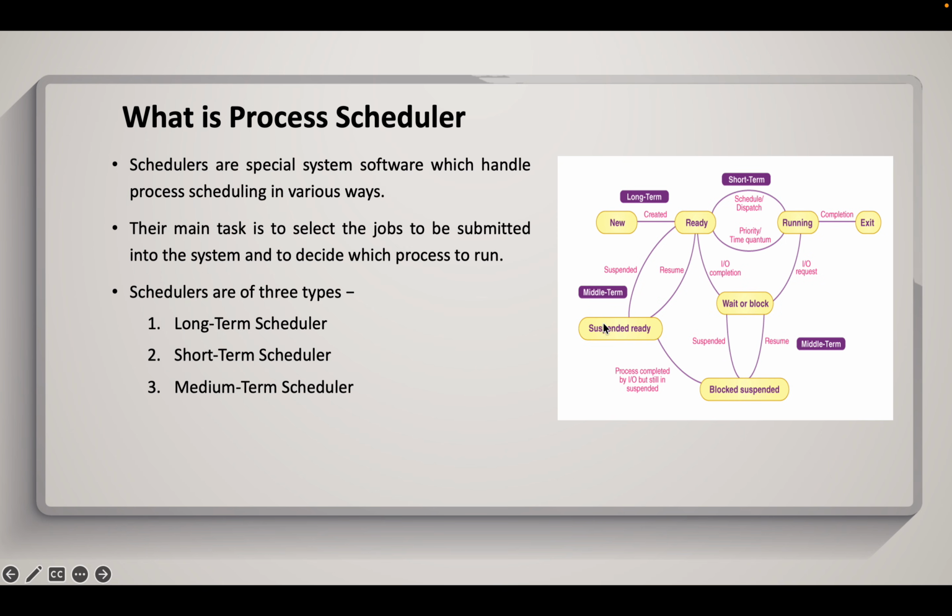For example, a suspended ready process will be moved to ready using the medium-term scheduler. Similarly, blocked suspended will be moved to wait using the medium-term scheduler.